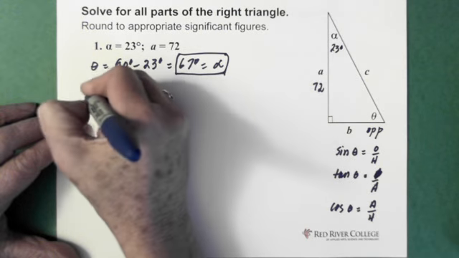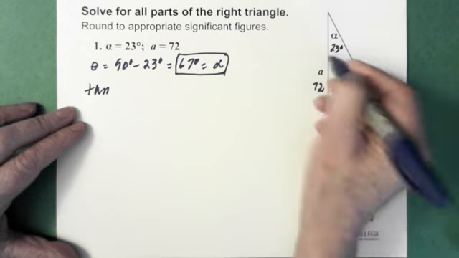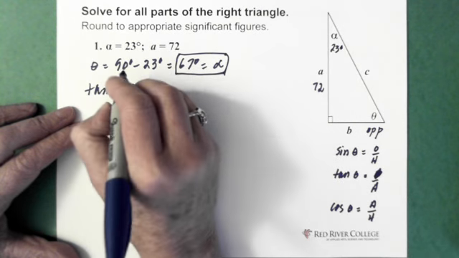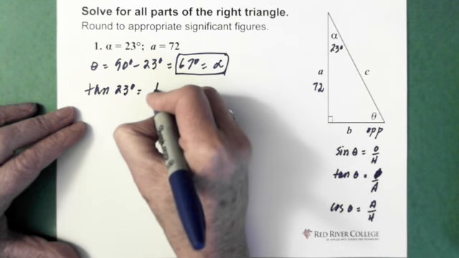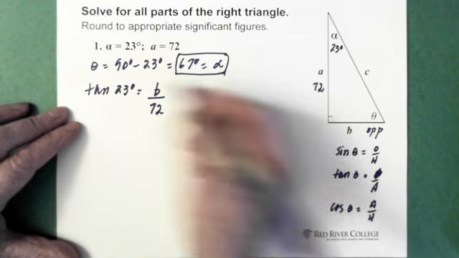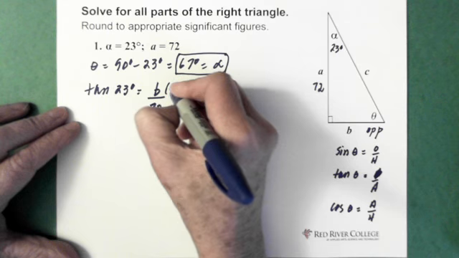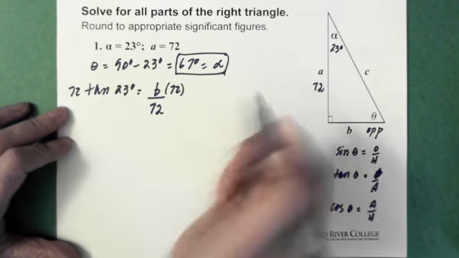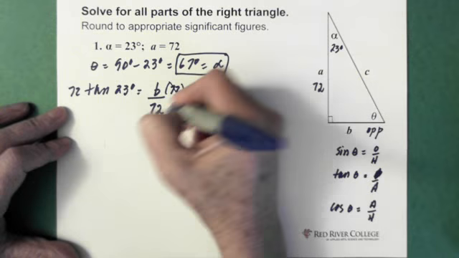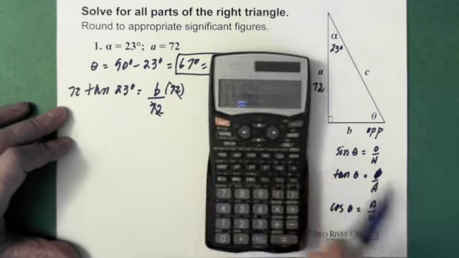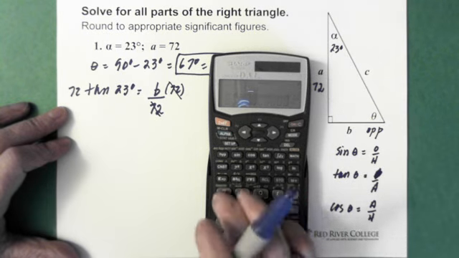So the tan of our 23 degrees equals the opposite side, which is B, over the adjacent side, which is 72. We want B by itself, so we multiply by 72 on both sides, and B equals 72 times the tan of 23.